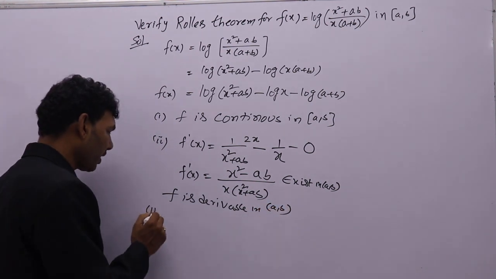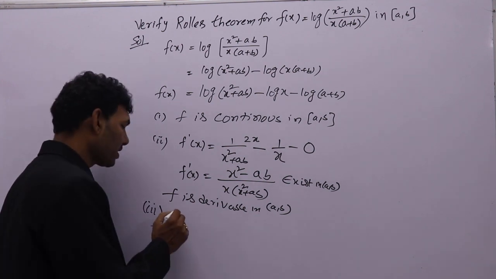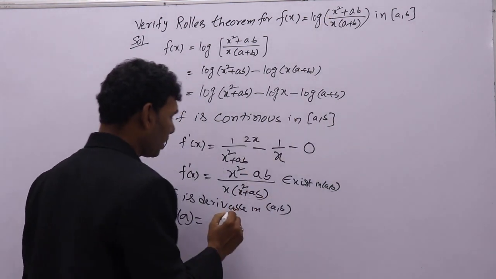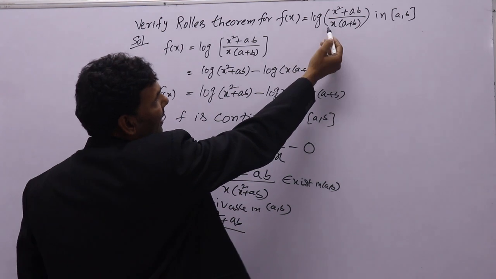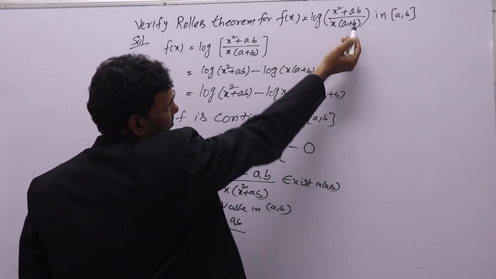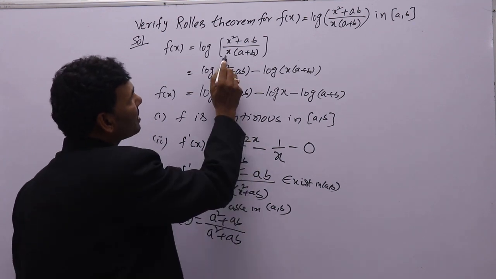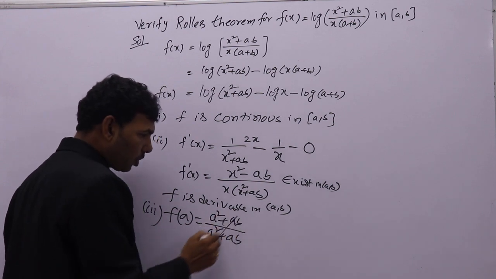Next we need to check the third condition of Rolle's theorem. What does the third condition say? F of a: write a in the place of x, a square plus ab, and right here in the denominator, a into (a square plus ab), again the same. If you write a in the place of x, you get a into a square, a into b, ab, both are equal.